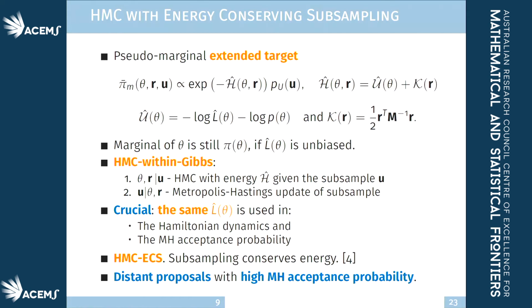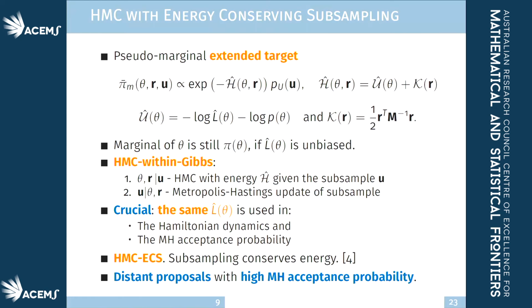When we define this extended target, the key is that the marginal in theta of pi bar of theta, r and u is just pi of theta. So the marginal is exactly what we want. We get iterates from the right posterior.